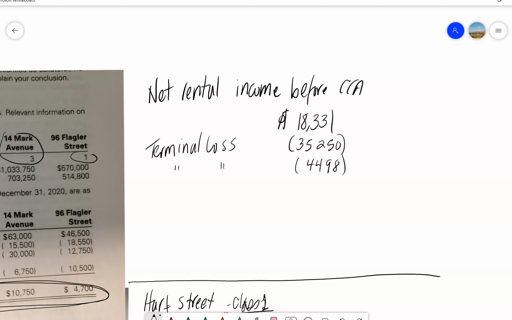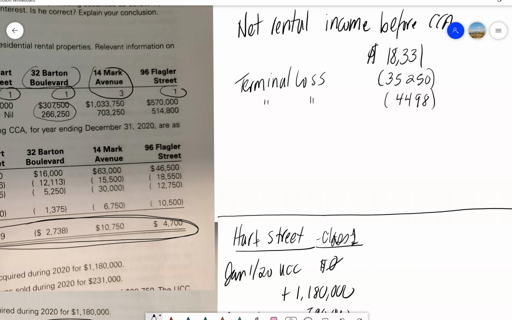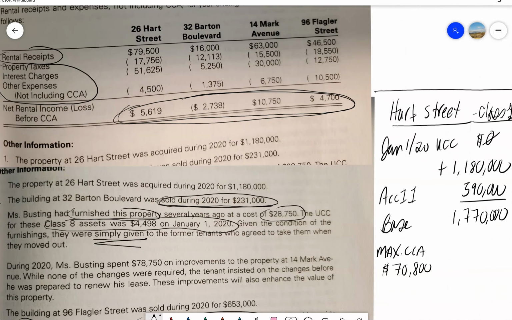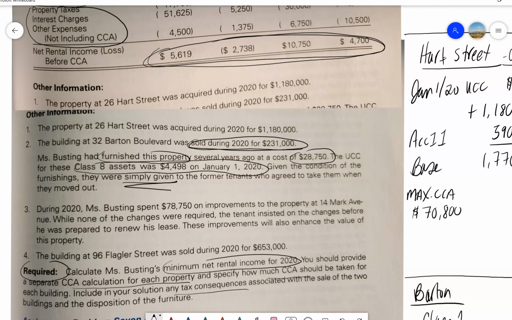Now with Mark Avenue, this is a Class 3 asset, and if we scroll down to the question, we'll see that during 2020, she spent $78,750 on improvements to the property on Mark Avenue. Now, these improvements enhance the value of the property. So what that means is these are capital additions.